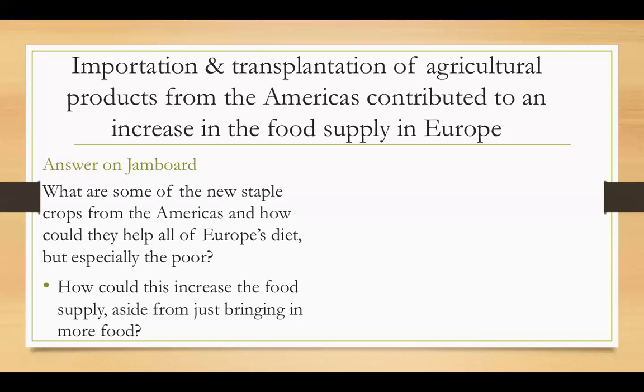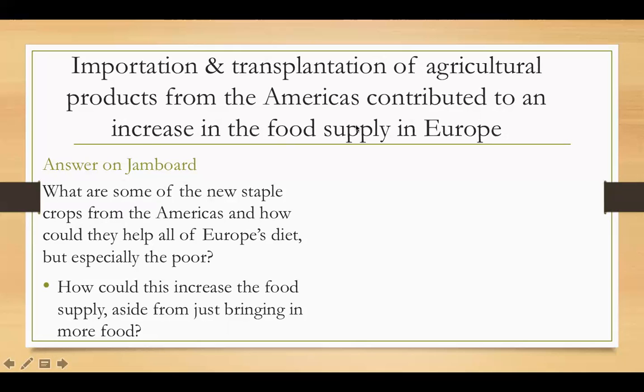Of course, bringing stuff from the Americas increases the food supply, but now that they have new crops, how can this generate a larger food supply in general? I want you to focus on the turnip. Think about the turnip and agriculture and how the turnip was used. Maybe this should be coming from your agricultural revolution.